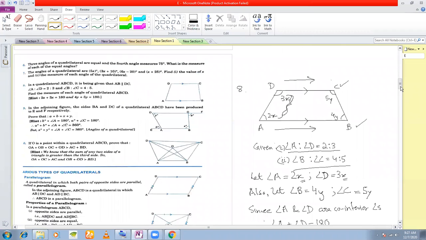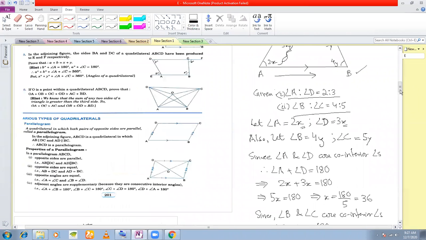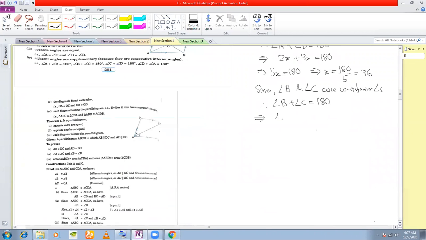We know angle B to be 4y and angle C to be 5y. So put the values: 4y plus 5y equal to 180 degrees.